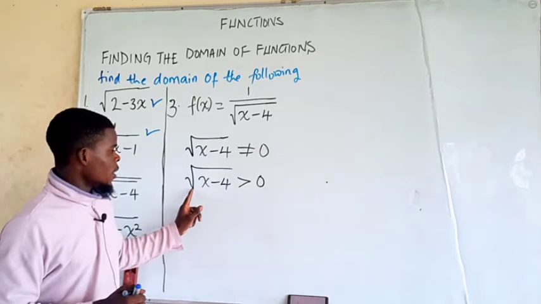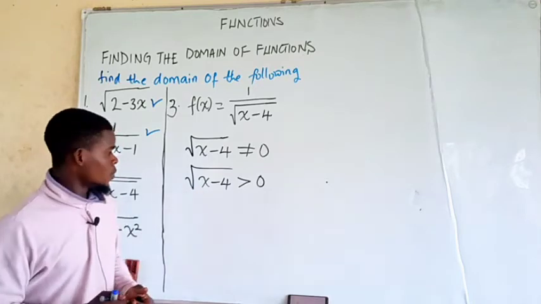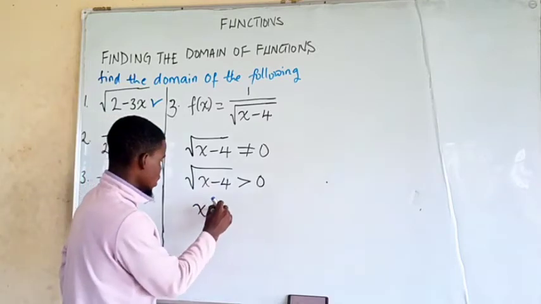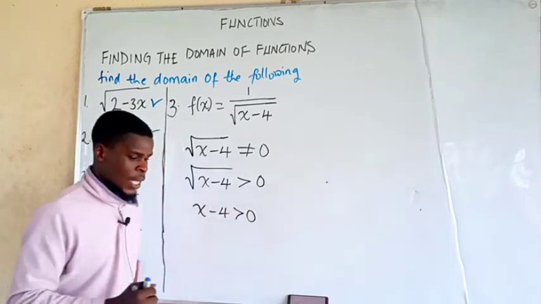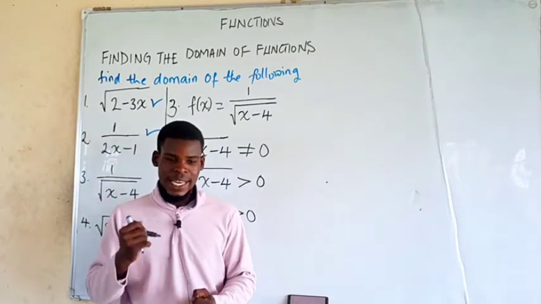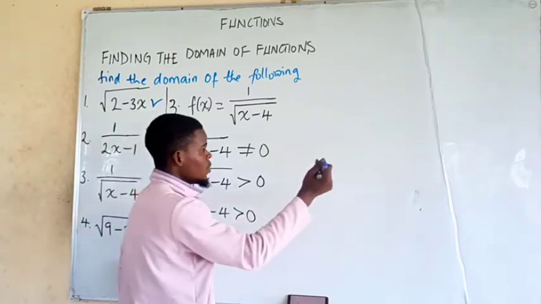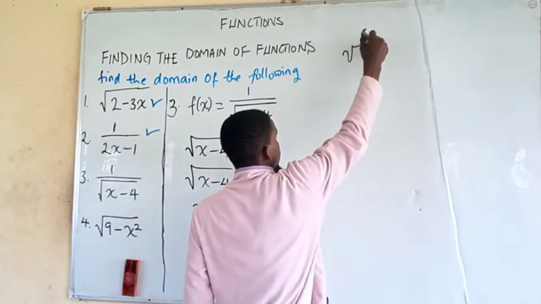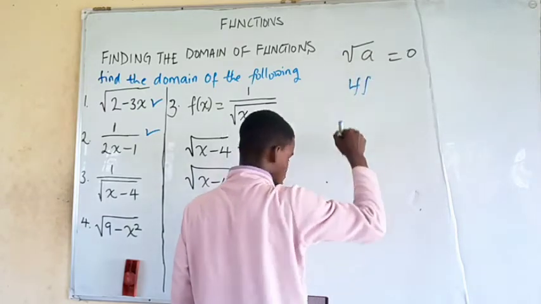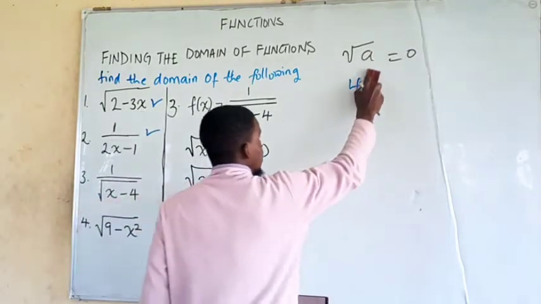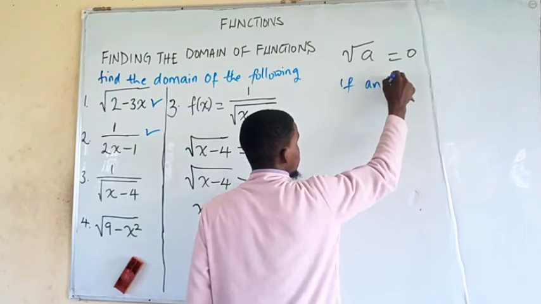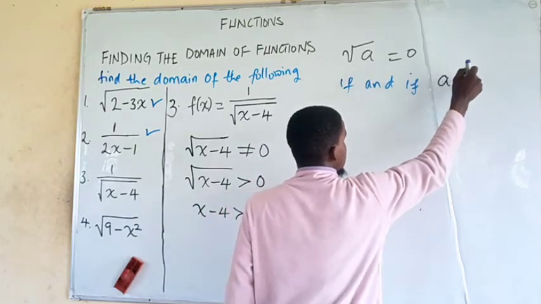And for this to be bigger than 0, that means the input x minus 4 is bigger than 0. If a number is bigger than 0, the square root of that number can never be equal to 0. So the square root of a number a is equal to 0 if and only if a is 0.